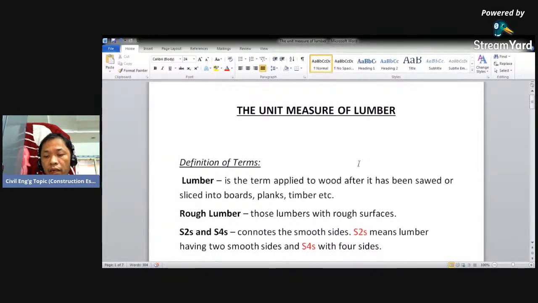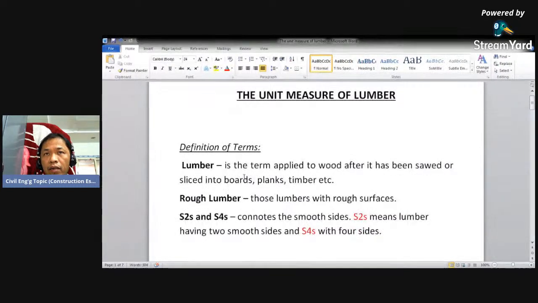So before we call it lumber, as mentioned in the definition of terms, lumber is the term applied to wood after it has been sawed or sliced into board, planks, timber, etc. So it means after we cut or slice it, we will call this a lumber.